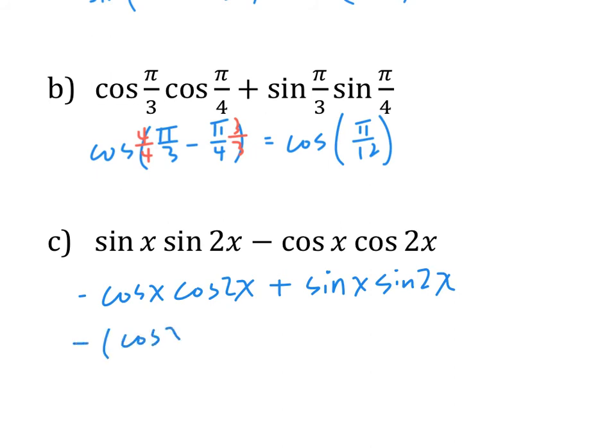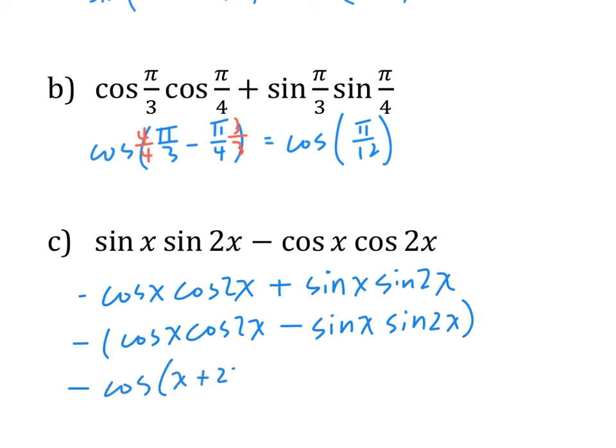When you take out a negative, you have to factor it out and change this sign. Please be careful of that trick. Okay, so now we have cosine, cosine, sine, sine, so that's negative cosine of x plus 2x. So this is negative cosine 3x.